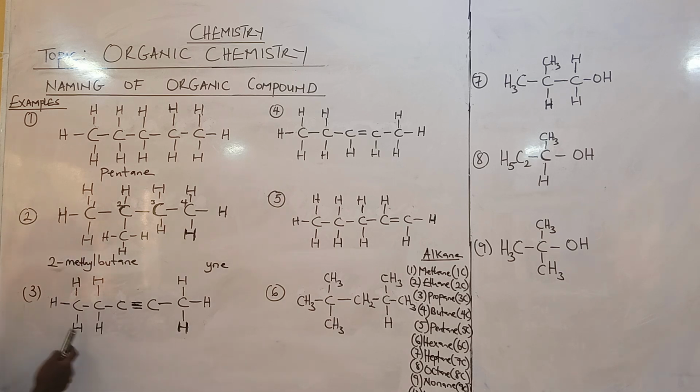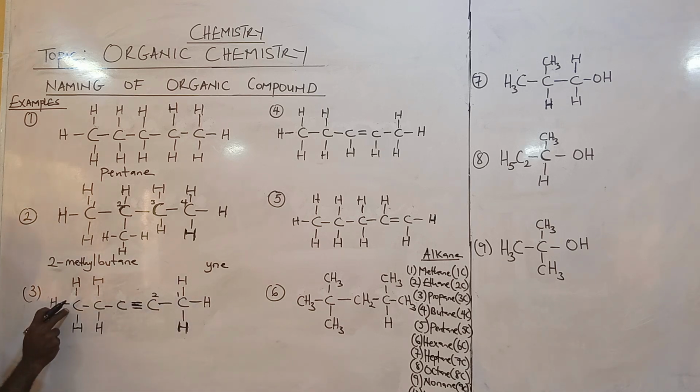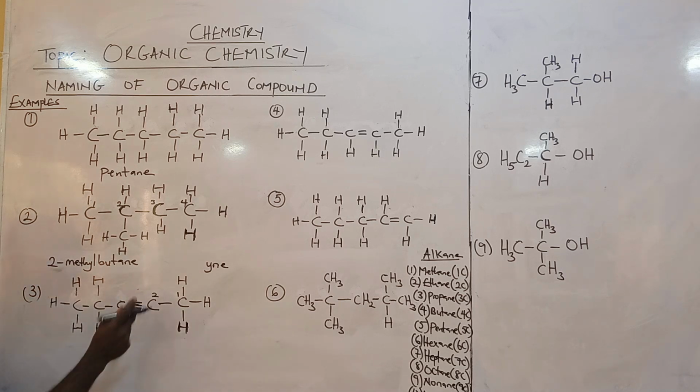Okay, now let's see. We can't start counting from here, because when you start counting from this side, you have the least count of carbon to the functional group. If you start counting from this side, you have 1, 2, or if you start counting from here, you have 1, 2, 3. We pick the least count.